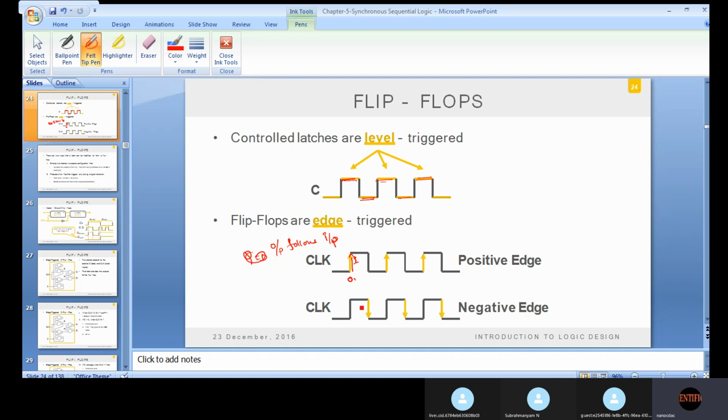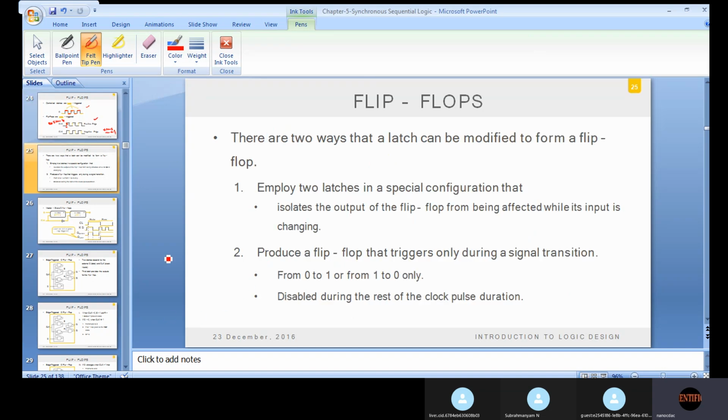In the negative edge flip flop, output follows input when the clock goes from 1 to 0, or high to low. So a latch is level triggered and a flip flop is edge triggered. Remember this: latch is level triggered and flip flop is edge triggered.